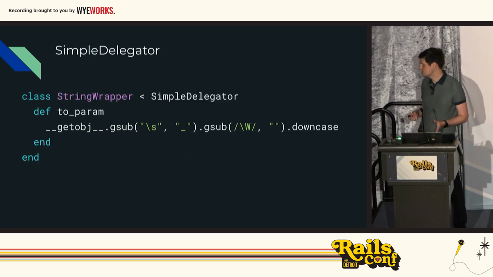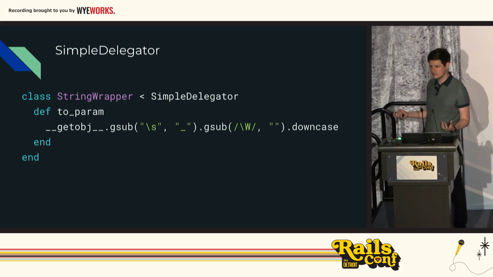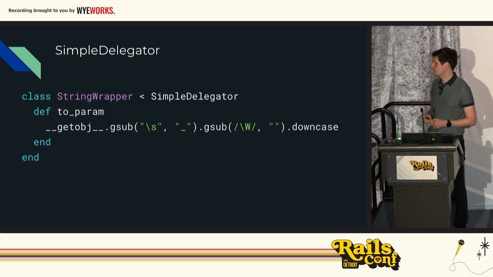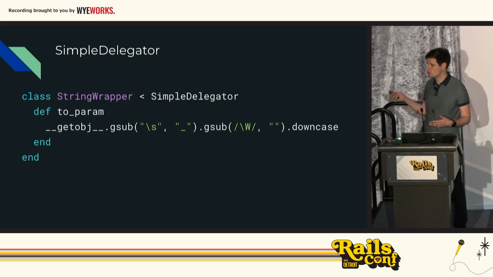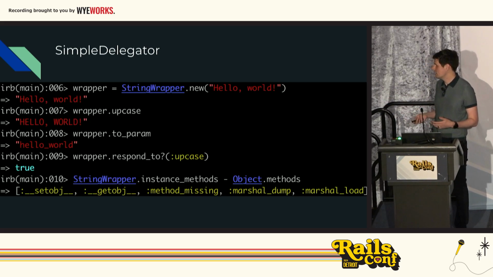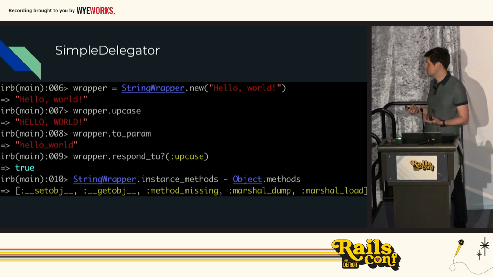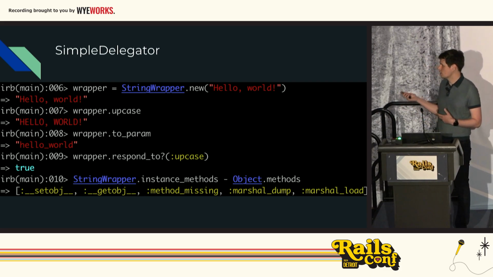And quick usage example, if you want to use SimpleDelegator, you inherit from it. So you just have your basic inherit symbol and then SimpleDelegator. If you want to define methods on the wrapper class, you can, and those will take precedence. So toParam will not be delegated. And if we look at a bunch of different examples, we can see, look, we can call upcase if we're wrapping a string.